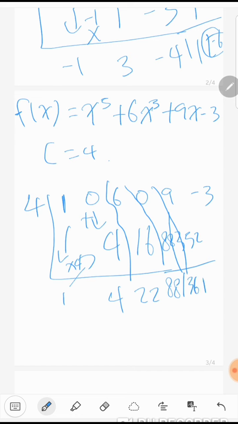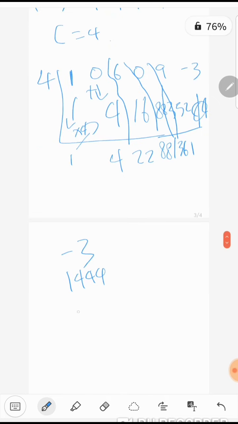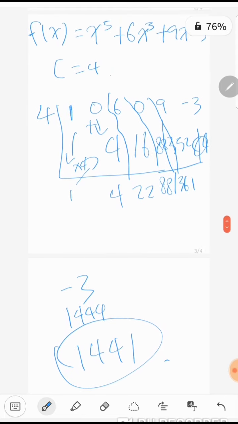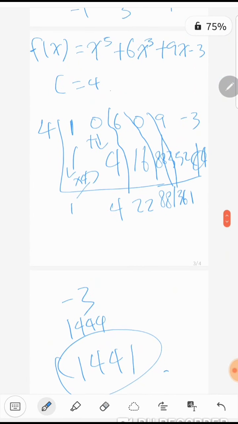So times 4, that's 1444. So that's 1441. And I'm pretty sure that's not the answer, but it might be.